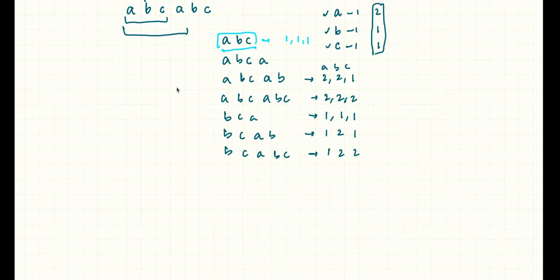Here I have identified the substring ABC. I can add all the remaining characters to this substring, and it will still be a valid substring.